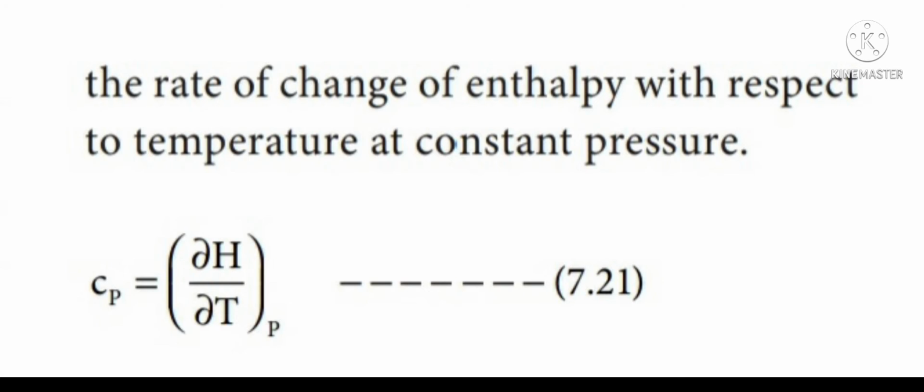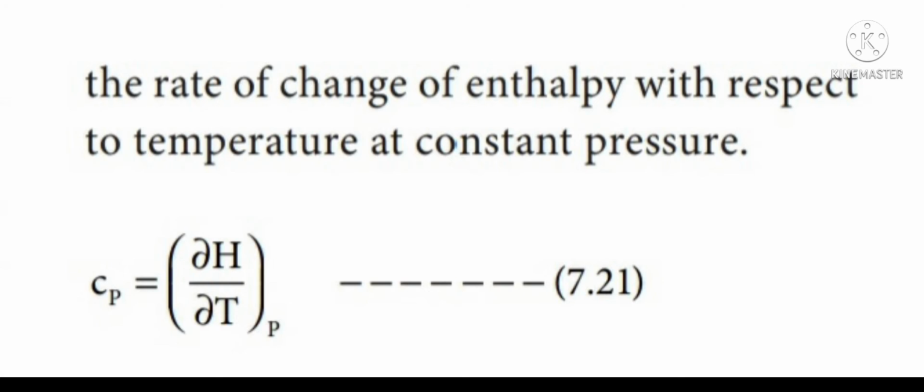It is given by equation 7.21. So here Cv is equal to dU by dT at a constant volume, and Cp is equal to dH by dT at a constant pressure.